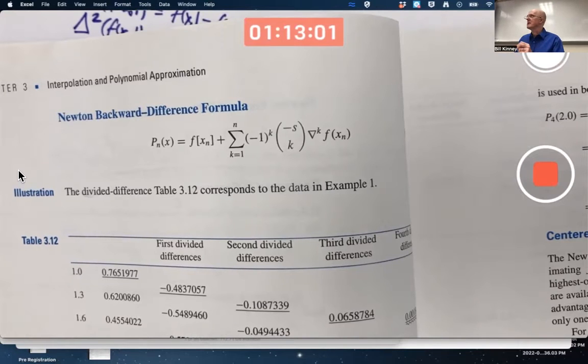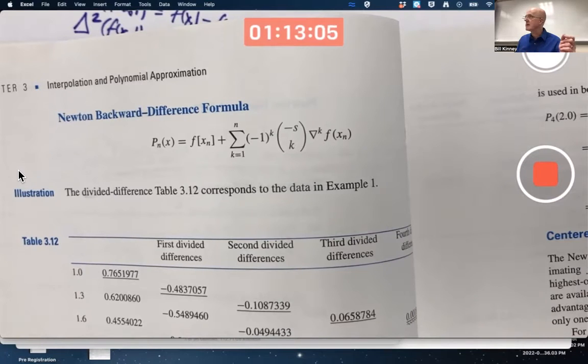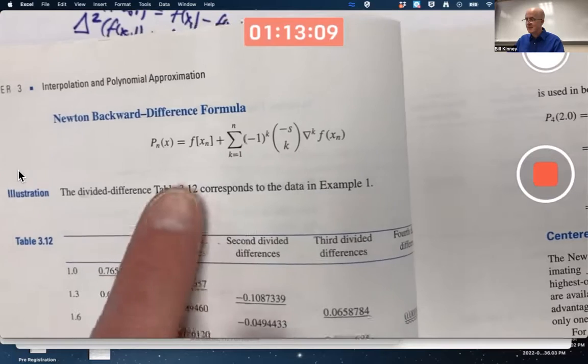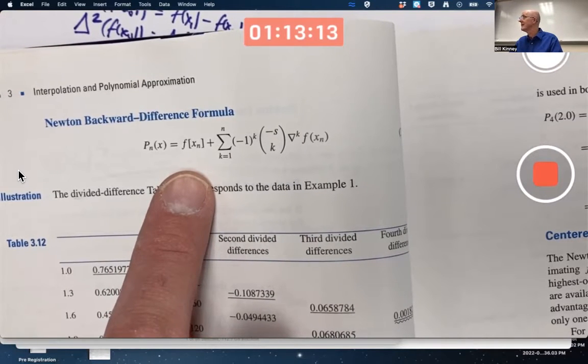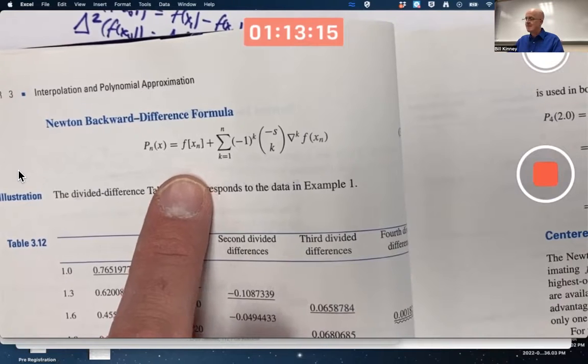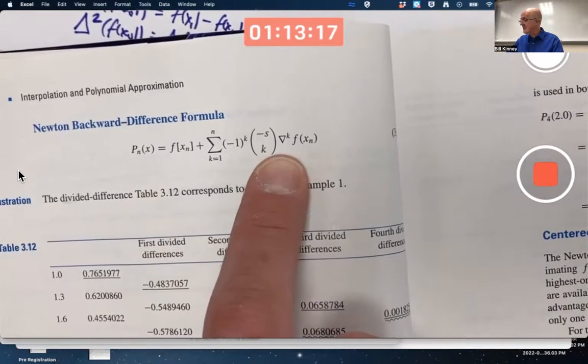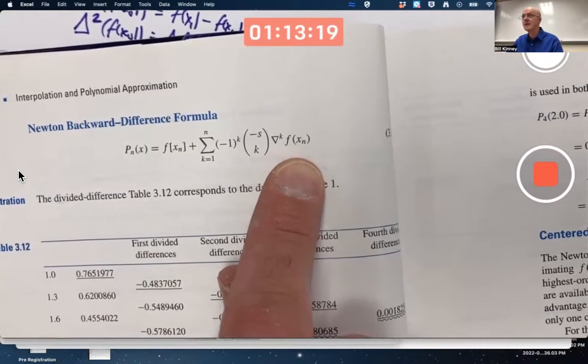When deriving this formula, we think about the nodes going not from least to greatest, but from greatest to least. Notice that's an f of xn instead of an f of x0. Nabla to the k power applied to f of xn, not f of x0.